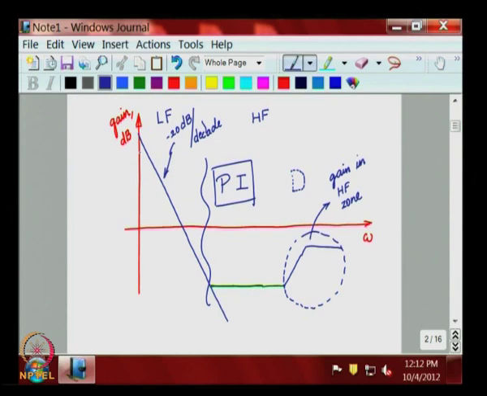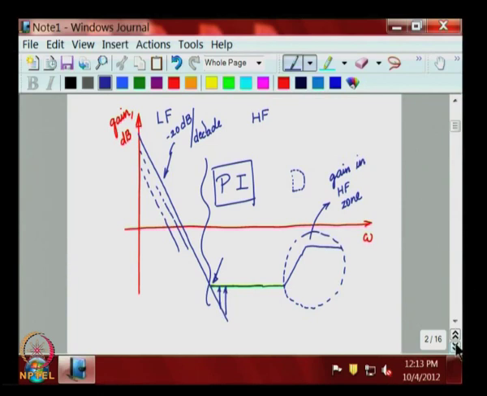So, we shall try to first tune the I portion, choosing which parallel that you would like to use, and then use the proportional cutoff point for improving the dynamics, because we are trying to improve the gains here.